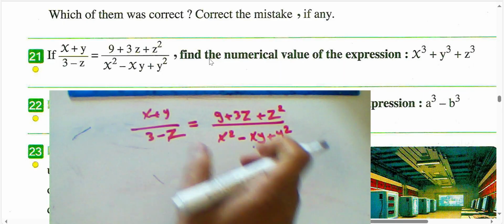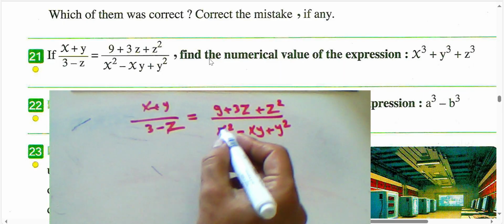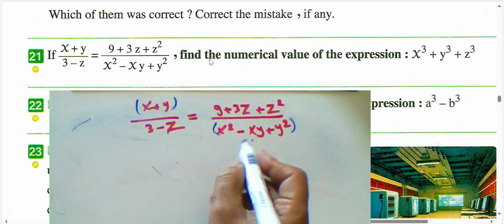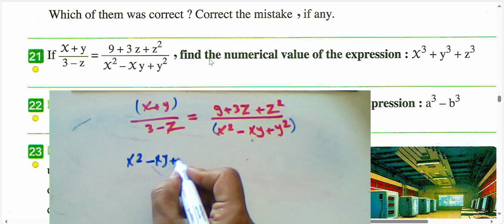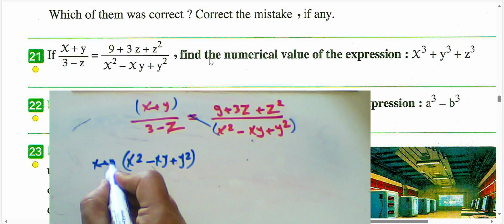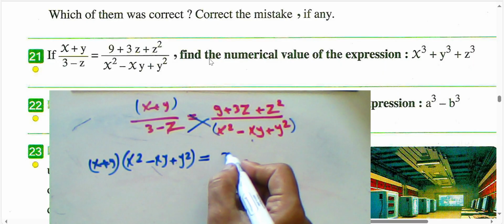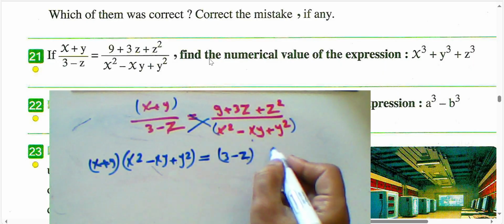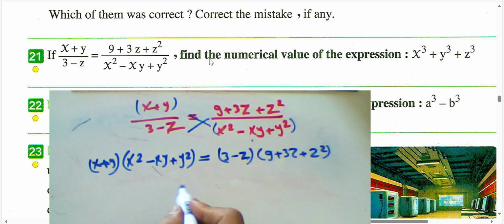We can product extremes and means. The product of extremes equals the product of means. X power 2 minus xy plus y power 2 product by x plus y, and then product 3 minus z by 9 plus 3z plus z power 2.